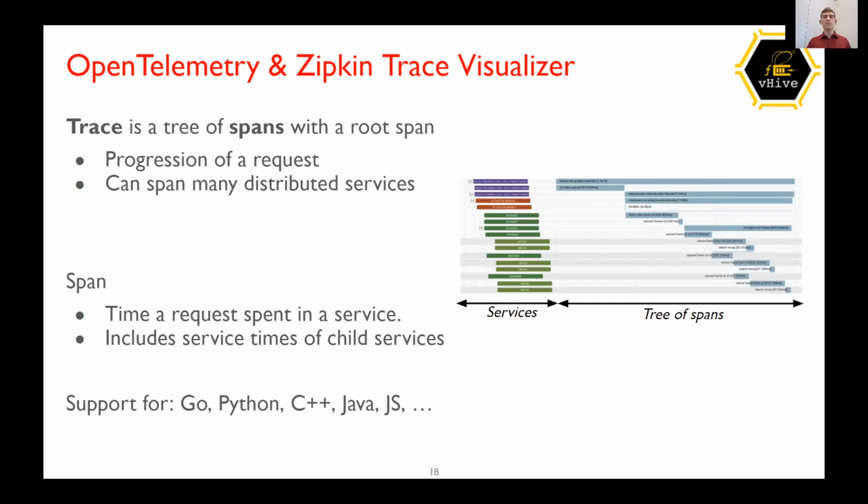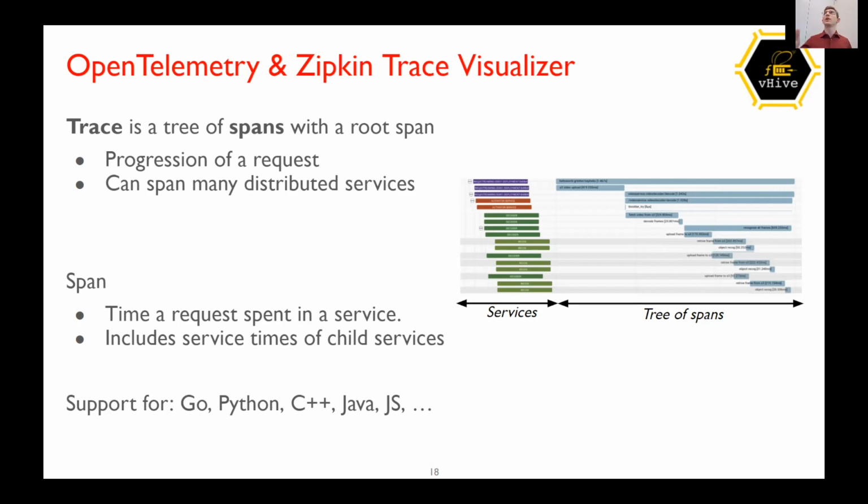And for that, we mainly care about these traces, an example of which you see on the right side, where you can see all the services and then the tree of how the latency was spent. A bit of terminology: a trace is the progression of a single request through the entire stack. Each stop on this request's journey is one span.